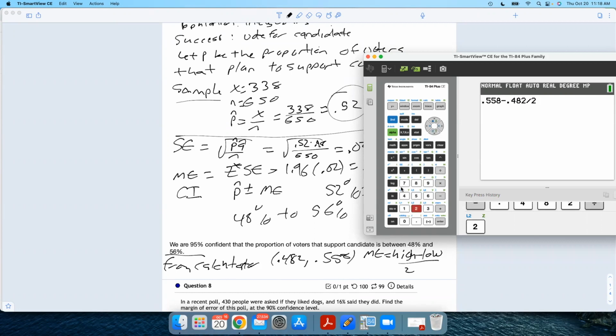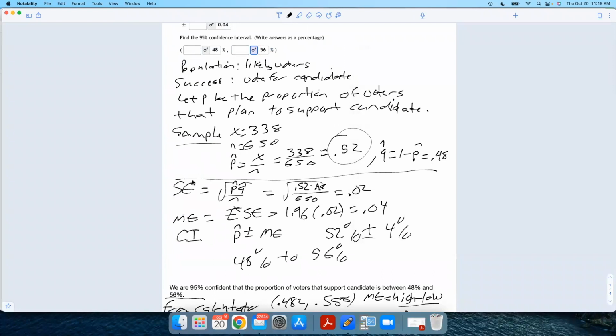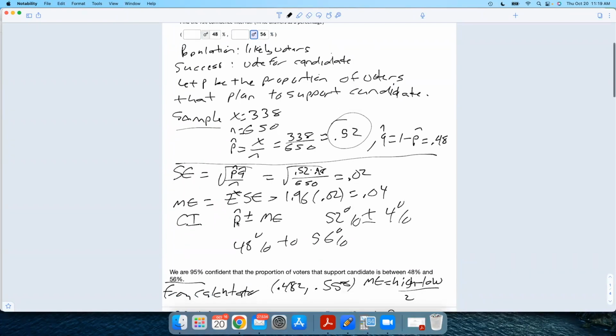I need to do high minus low first, then divide by 2. So I like to just do the top, high minus low, hit enter, then divide by 2. And there's my margin of error. So we don't have to go through this trouble of finding the standard error, using the Z star, all this. We can, there's nothing wrong with it, but we don't have to.